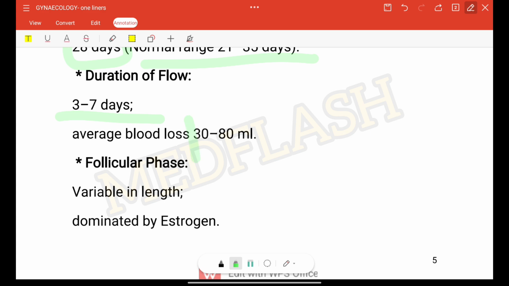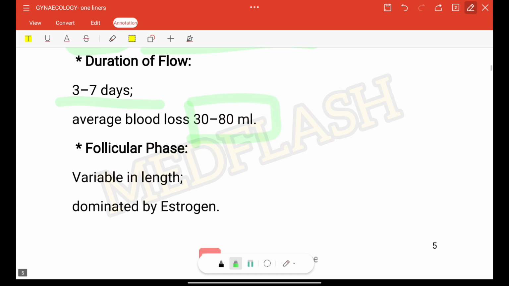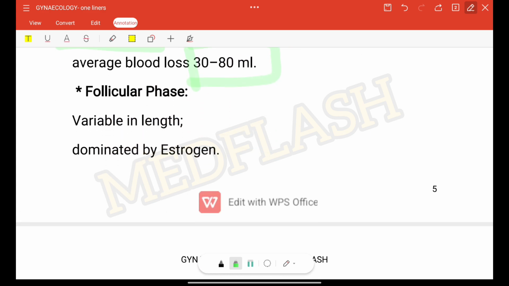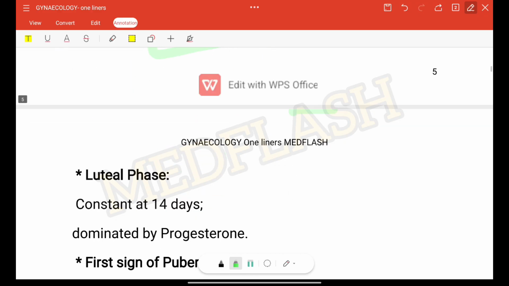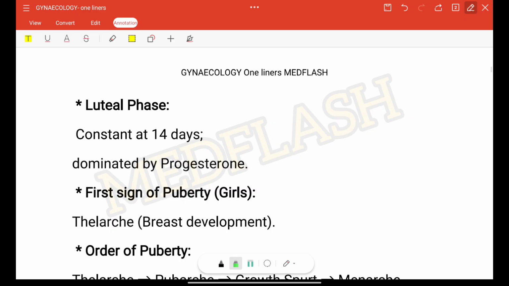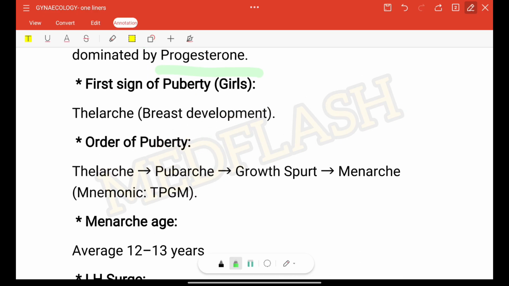Follicular phase, variable length, dominated by estrogen. Luteal phase constant at 14 days, dominated by progesterone. First sign of puberty in girls is thelarche, breast development.